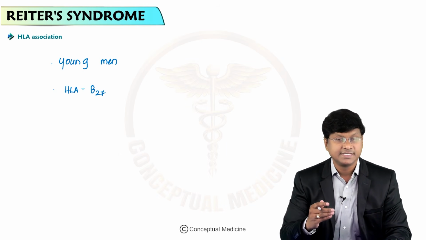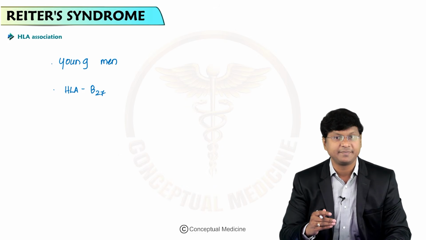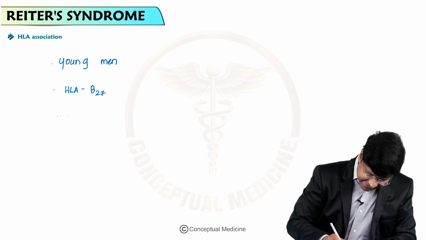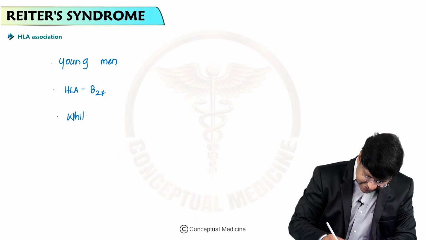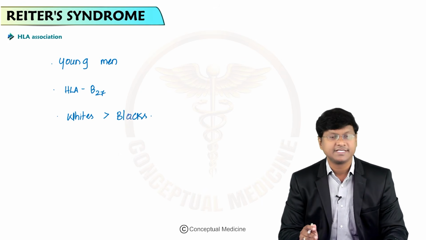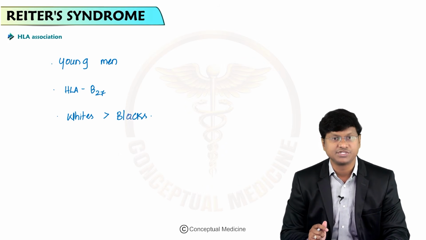This is seen in 80% of white patients and 50 to 60% of the blacks. So, the incidence is more common in whites compared to blacks. That is about the HLA association as well as the age distribution.